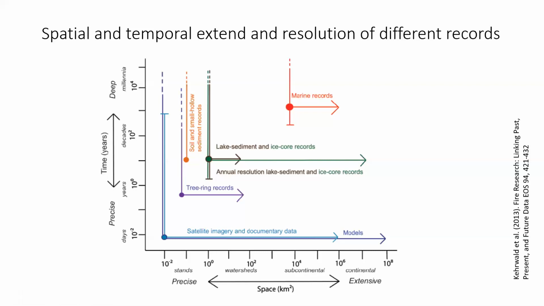Usually it's decadal resolution, or 100 years of resolution. But with the sedimentary records, the same as with lake sediments and ice cores, you basically can go as deep in time as the record covers.